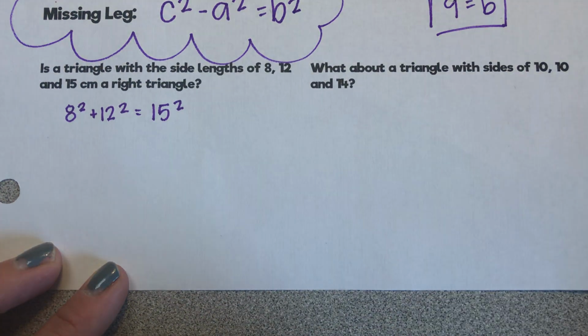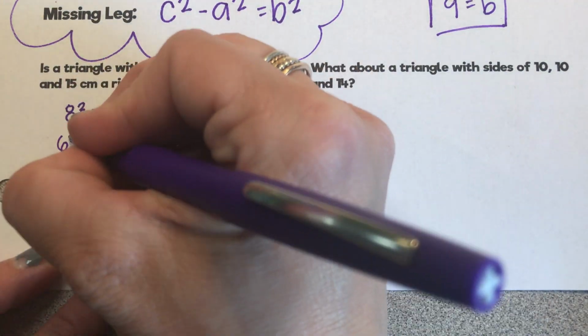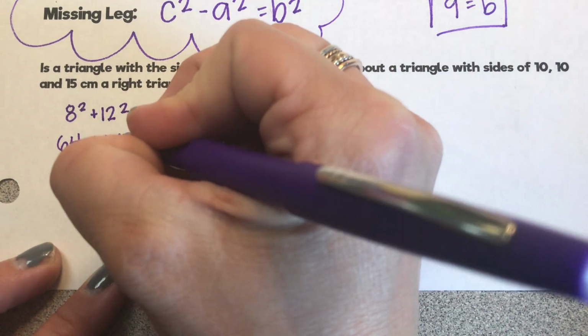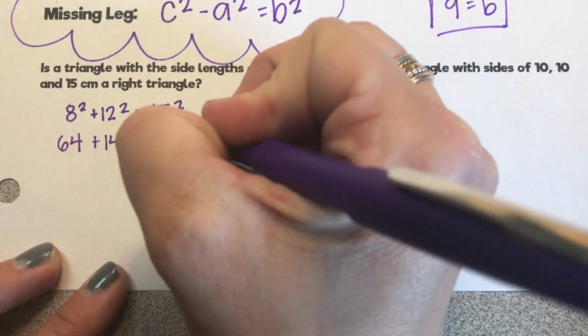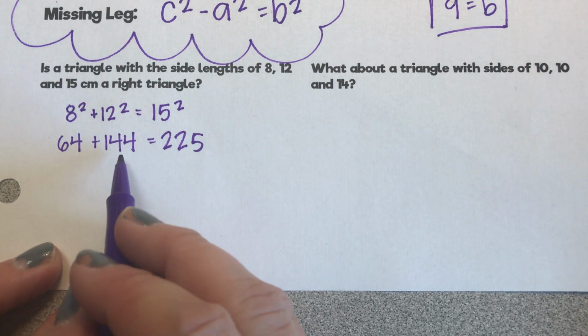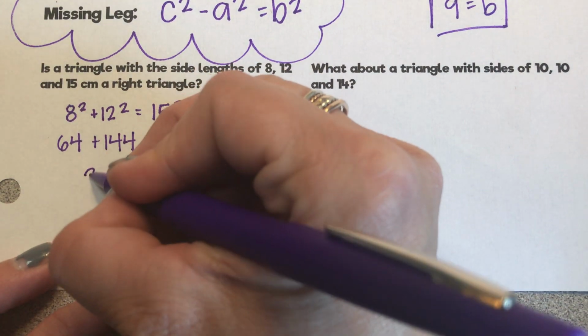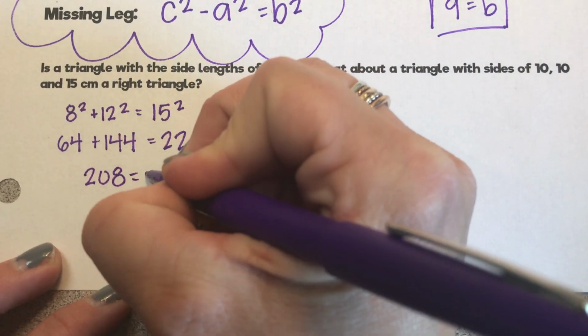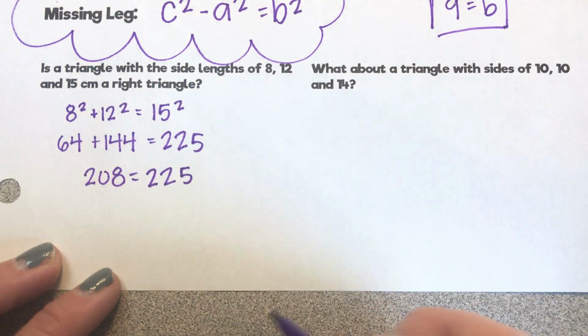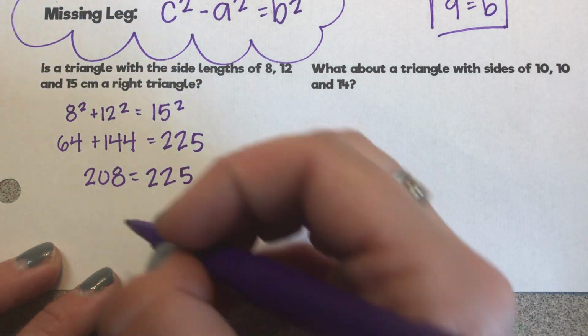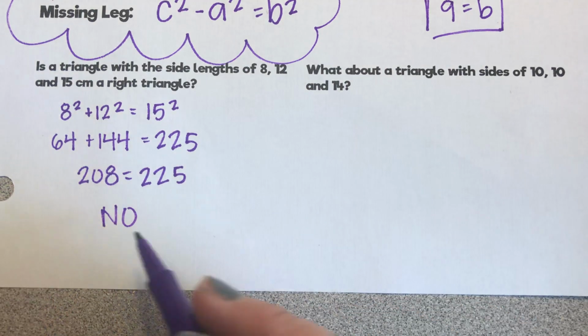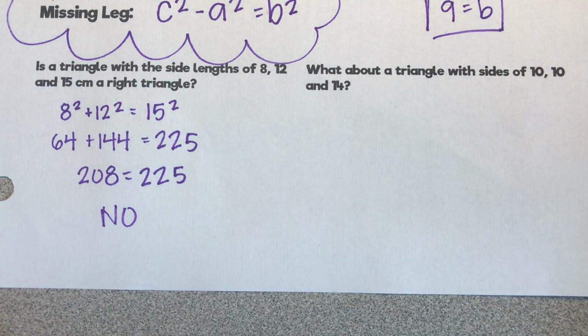And if this is true, then it's a right triangle. So that's 64 plus 144 equals 225. When I add that together, 64 and 144, I get 208 equals 225. Is that true? This is not true, so this is not a right triangle.